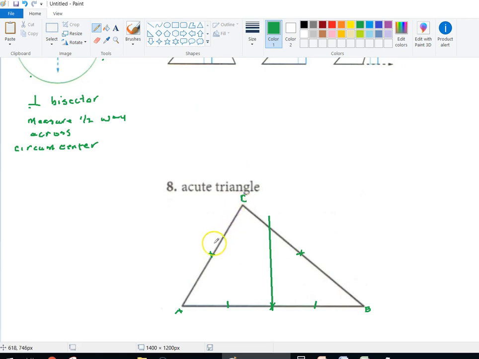I will put my protractor on AC, and I will look for 90 degrees, say 90 degrees is about here, and I will go ahead and draw a line from my midpoint to my 90 degree mark, and that will once again divide this side into bisected segments that are equal, and then we will do the third side.